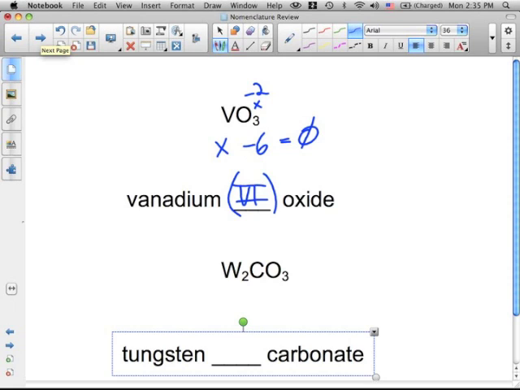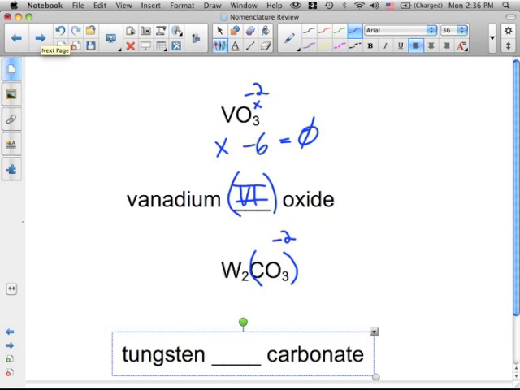For the next example, W is tungsten. CO3 is the polyatomic ion carbonate. So this compound is tungsten carbonate. But tungsten is a transition metal, so we need to identify its oxidation state. Carbonate has a charge of -2.